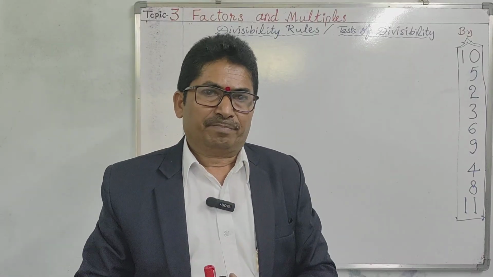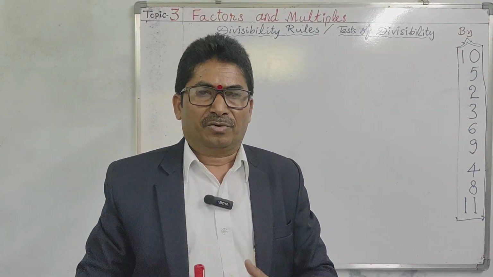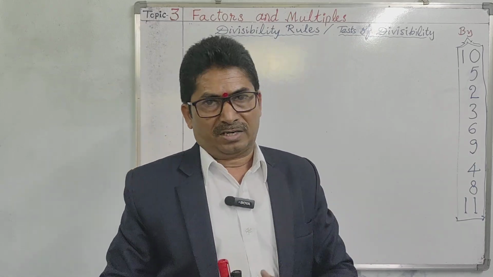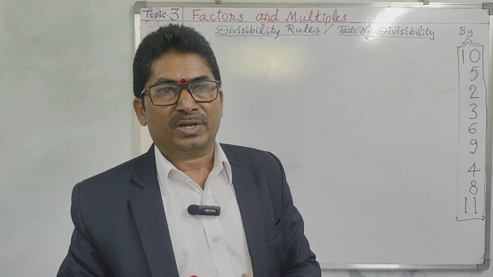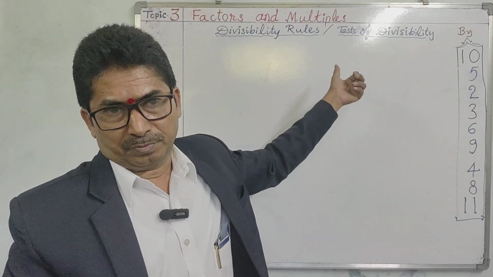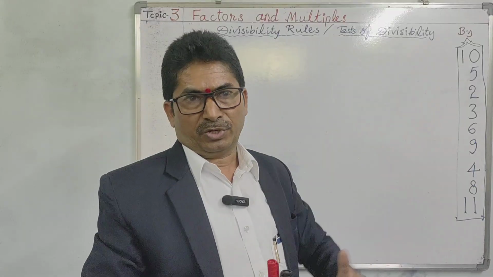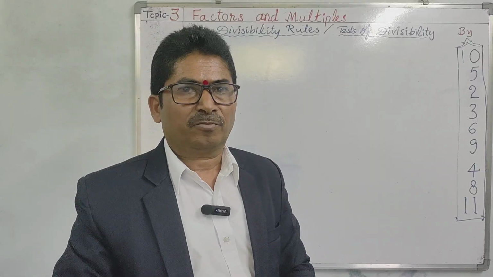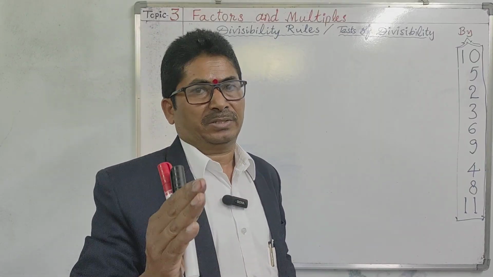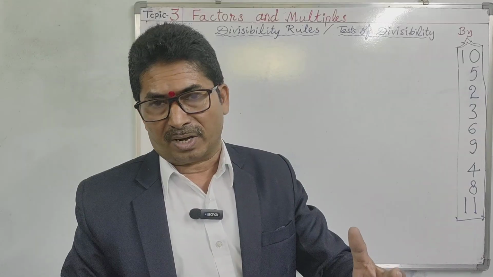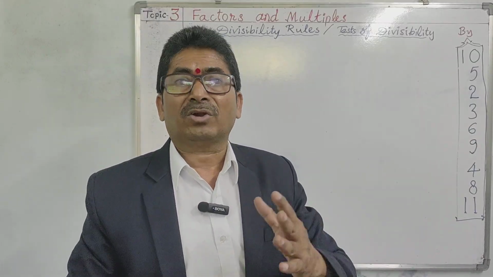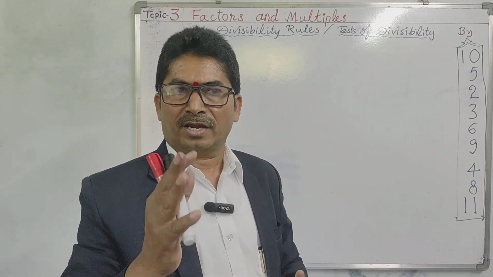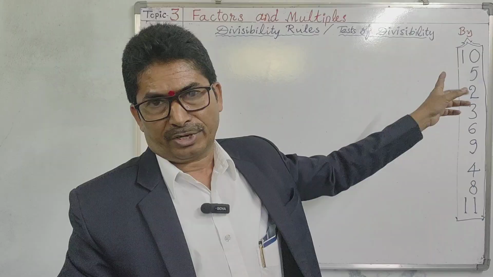The process of checking whether a number is exactly divisible by a given number or not without actual division is called a divisibility rule or tests of divisibility. Another name for divisibility rule is tests of divisibility.